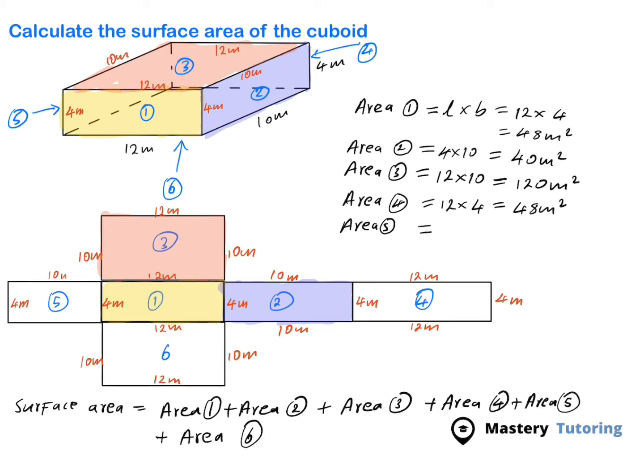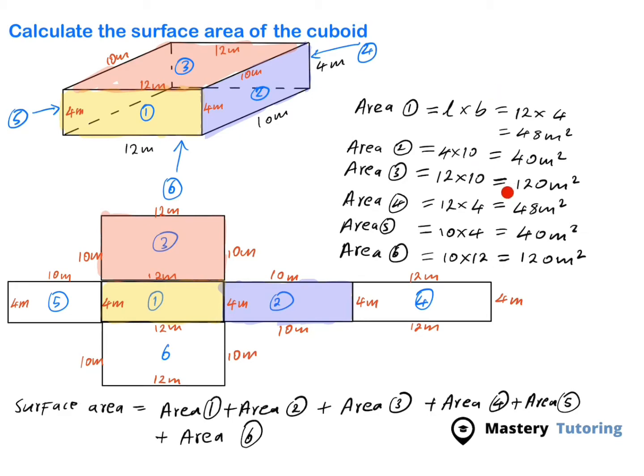We put in 10 meters, and therefore now the area is going to be 4 times 10, or 10 times 4, which is 40 meter squared. And then lastly we calculate area 6. Area 6 is going to be 10 times 12. So this is 10 times 12, which is equals to 120 meter squared.